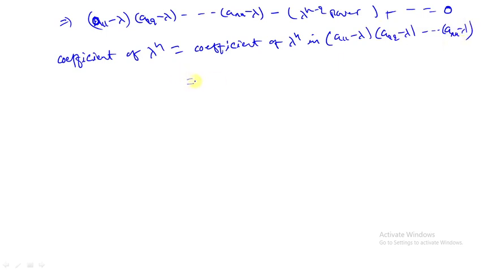So what is the coefficient of lambda power n? When you take this product, we get minus 1 power n only, minus 1 power n into lambda power n.